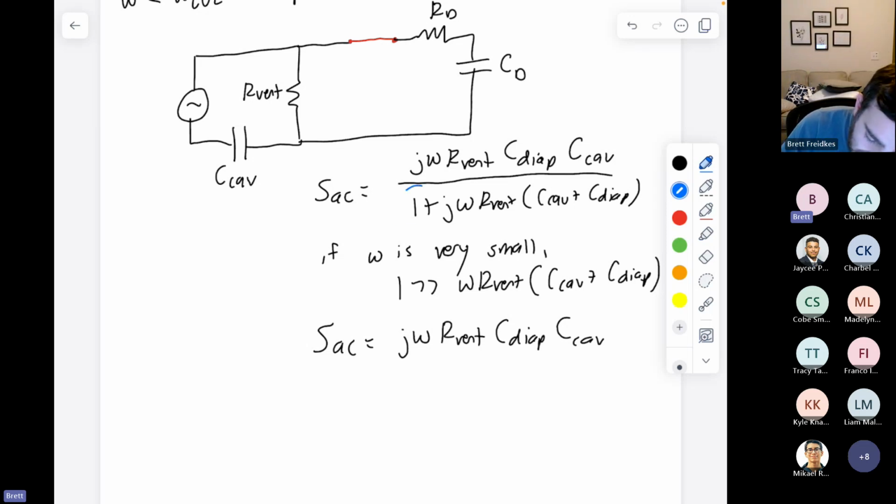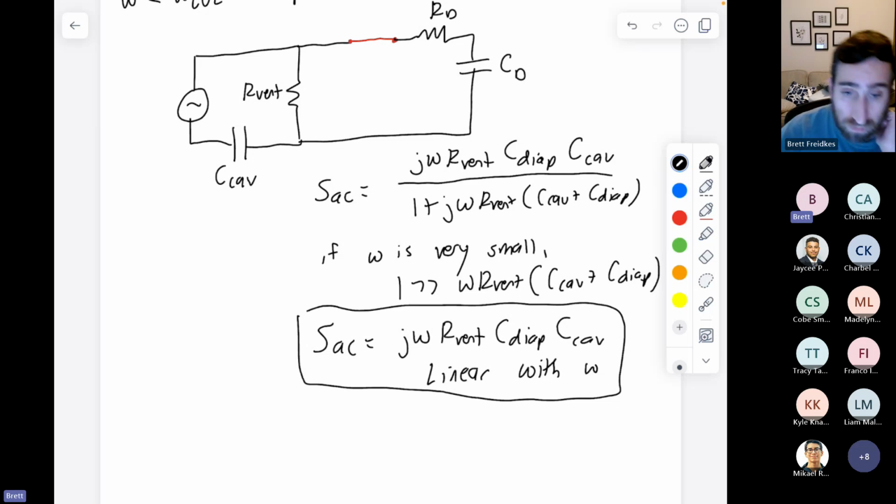Because if omega is very small, this denominator just becomes 1, essentially. And this is linear with omega. Which is why in that graph I showed before, we had 0 sensitivity at 0 hertz, and then it increases linearly until it reaches the bandwidth. This is roughly the relationship leading up to the bandwidth, this somewhat linear relationship.